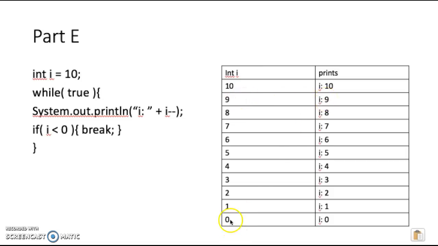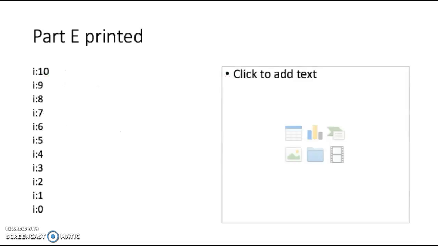And then we go all the way down to 0 running in the loop, and I colon 0 is printed out, and then once I is less than 0, because of this whole thing, we're going to break the loop. So it's over when it becomes -1, and therefore nothing will print out at that point. So here is our print statement.